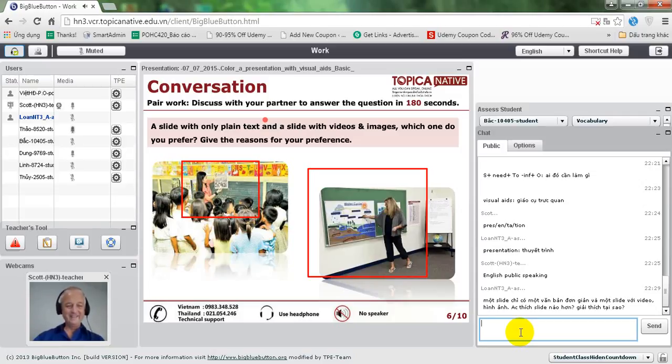Why do you prefer the slide with video and image? I think that the slide with video and image is very lively and attractive. So I like it. I prefer it too much in my presentation.